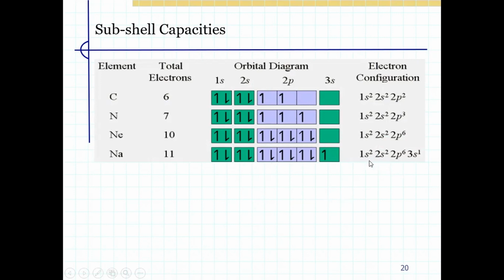The filling mechanism is also written in this form: in 1s, the first term stands for n, the principal quantum number, and then comes the s, which is l equal to 0, and the superscript 2 tells us the total number of electrons that can be filled in this. Similarly 2s2, and then 2p6. The p is l equal to 1, and 2 is n, the principal quantum number.